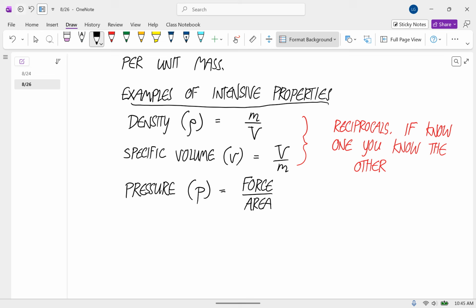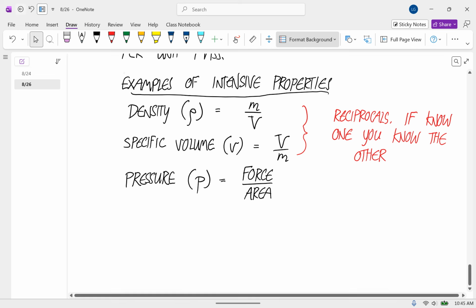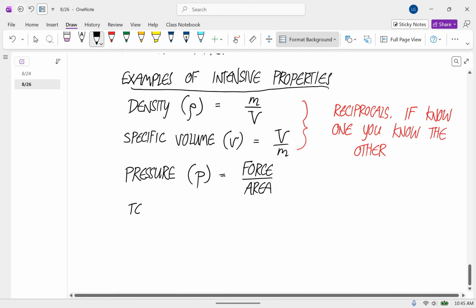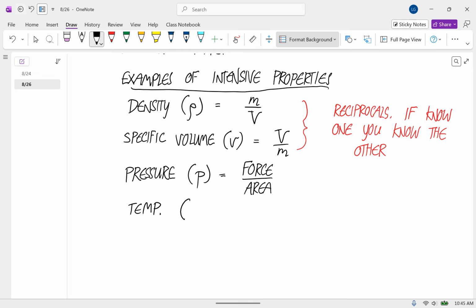Temperature is a capital T. And in order to write out how temperature is measured per unit, you'd have to get into the physical definition of temperature.